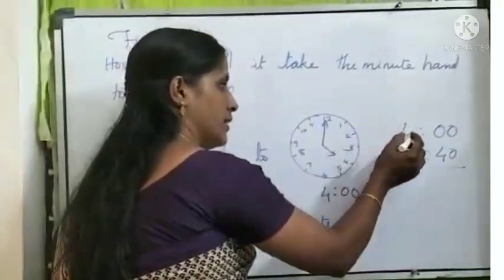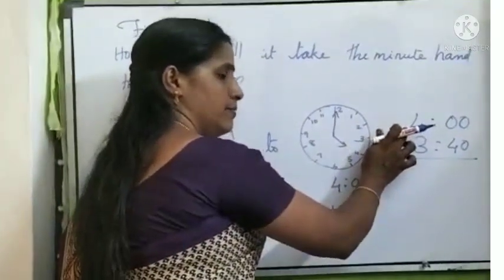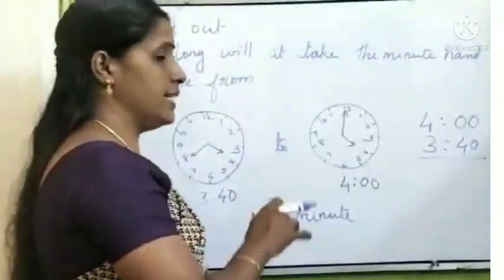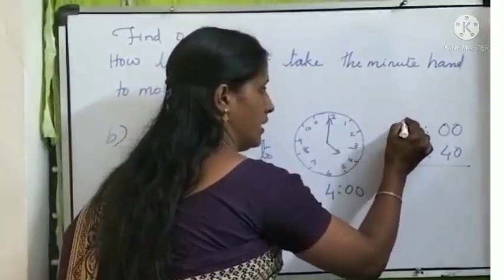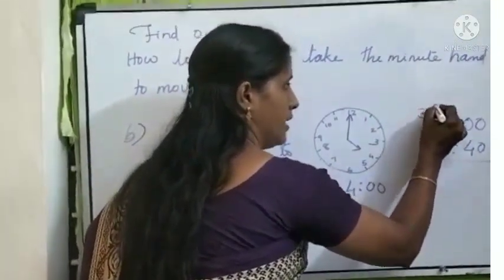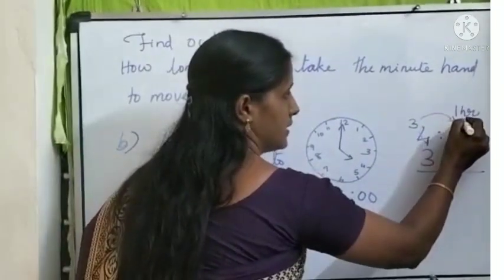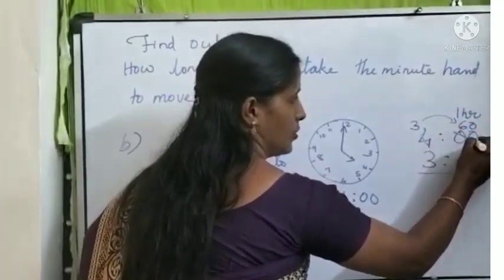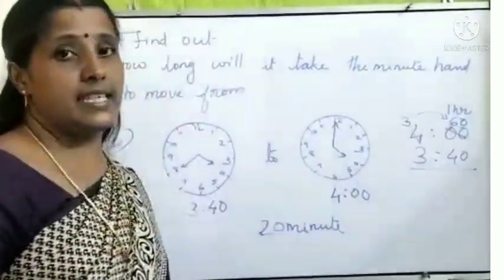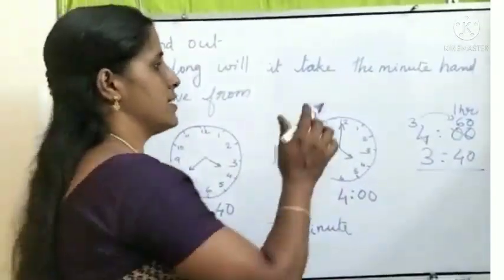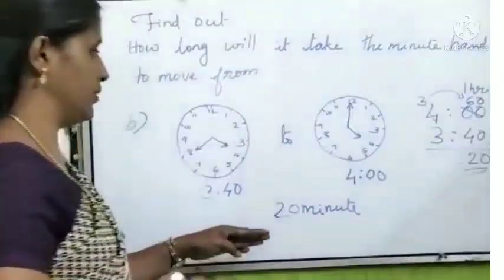In some cases we have to borrow from the next section also. But here we take 1 hour. So 4 becomes 3 and 1 hour is moved here. 1 hour means 60 minutes. So the 0 is cancelled and here we write 60 minutes. 60 minus 40 is 20. That is the way we find the answer.